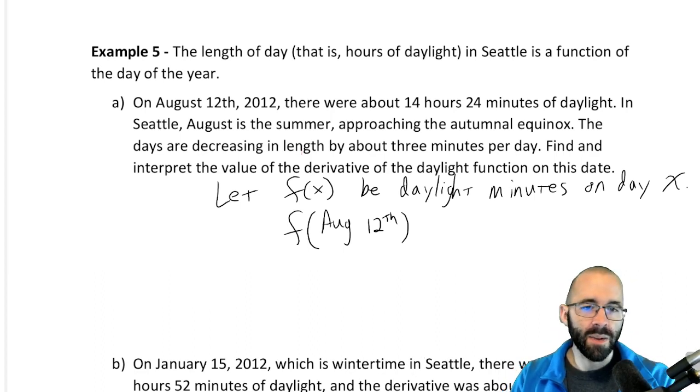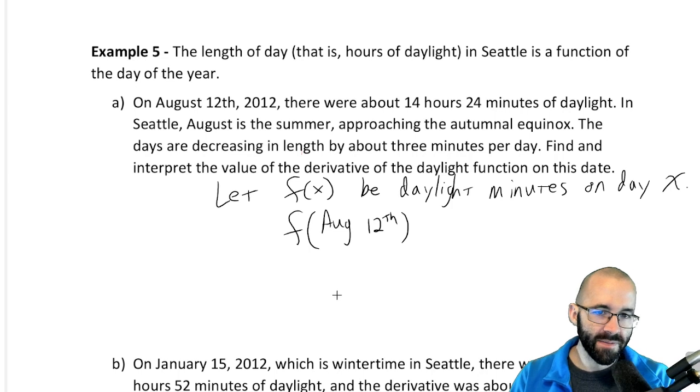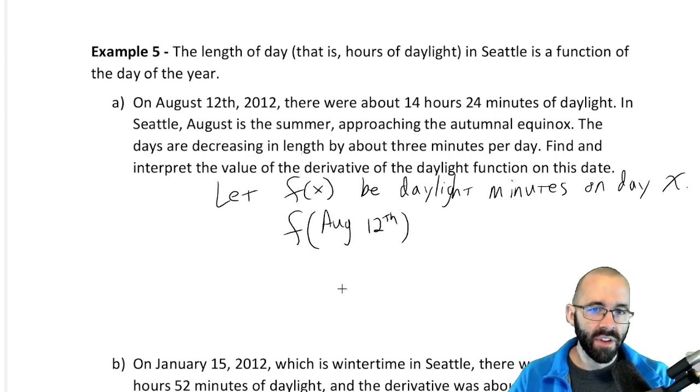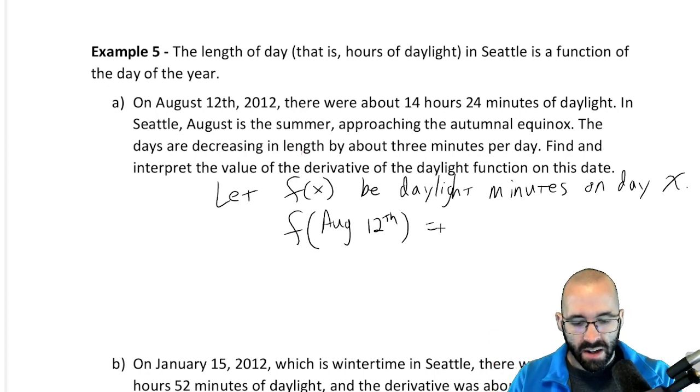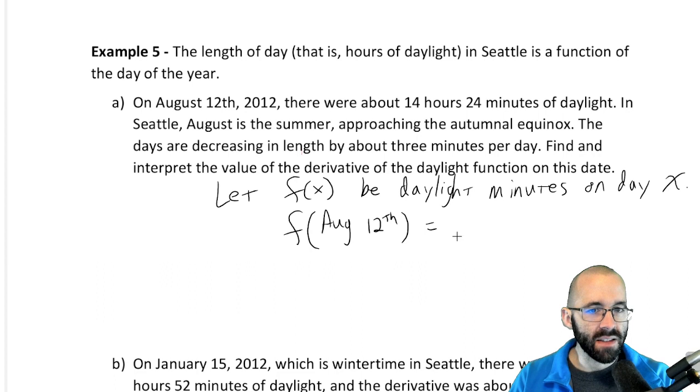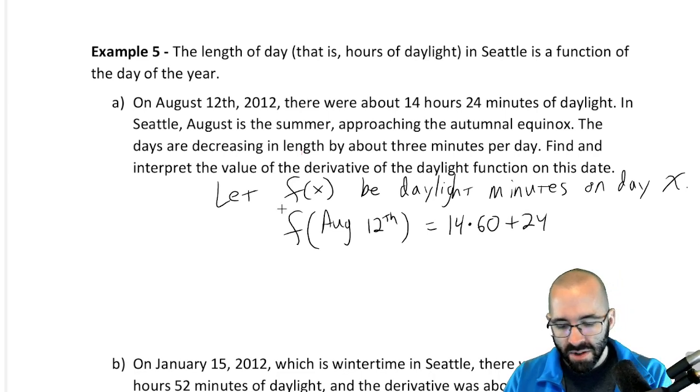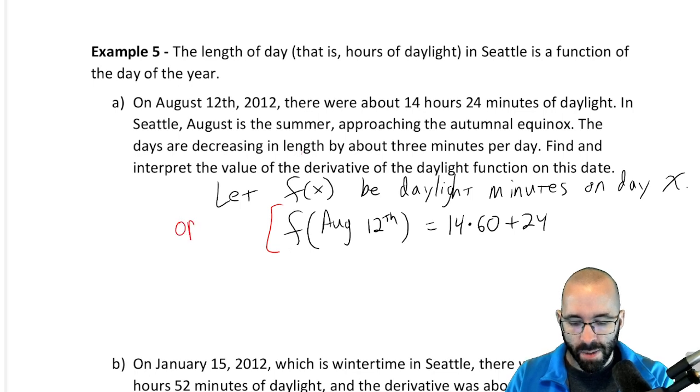But technically, we should put what day of the year it is. Roughly, informally, the function value, the daylight minutes on August 12th, is going to be 14 hours and 24 minutes. So how many minutes is that? 14 hours is this many minutes, plus 24 minutes. This right here is optional. I'm just describing some things.